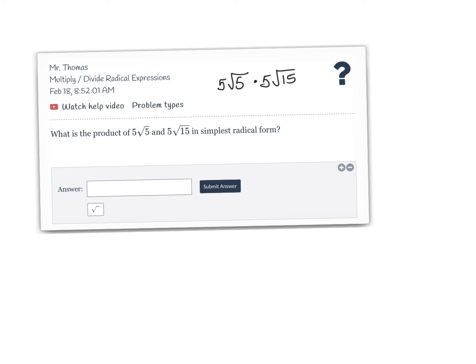So you multiply what you can. 5 does multiply with 5, okay? And the square root of 5 can only multiply with the square root of 15. So let's do that right now. 25 in front, and then 5 times 15, what is that? 5 times 15 is 75. So boom, this is what we have so far.